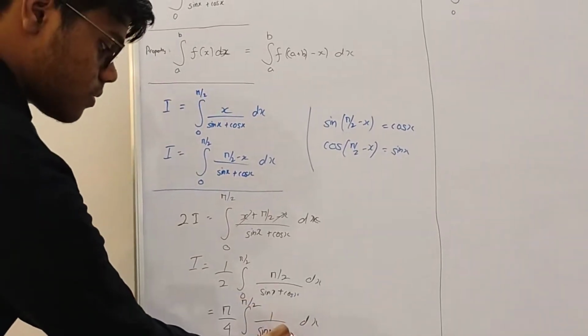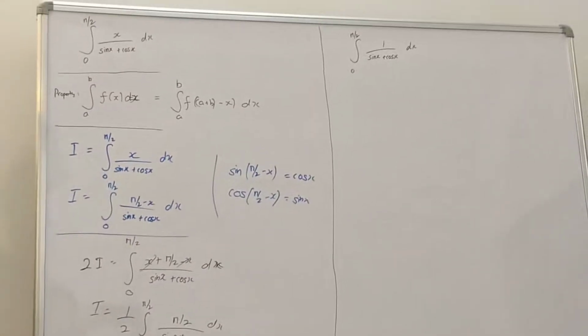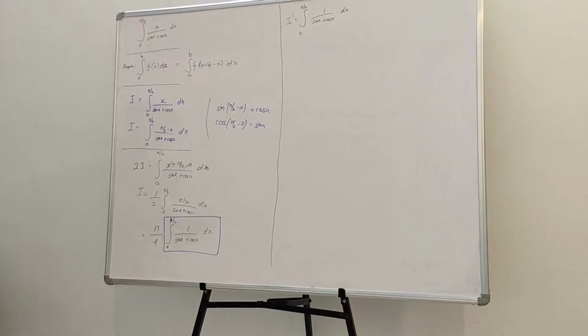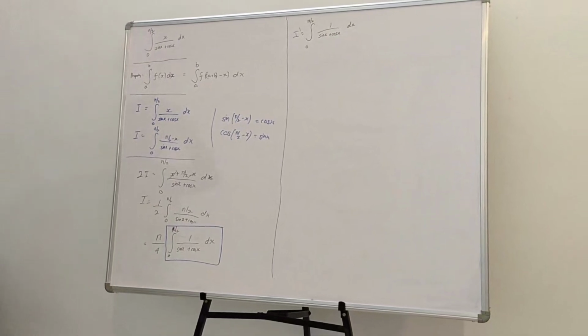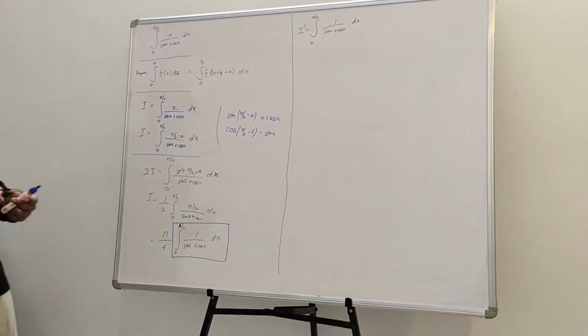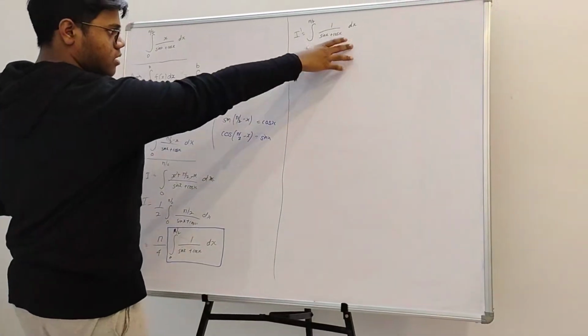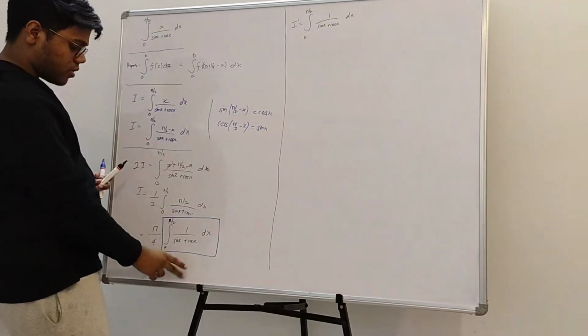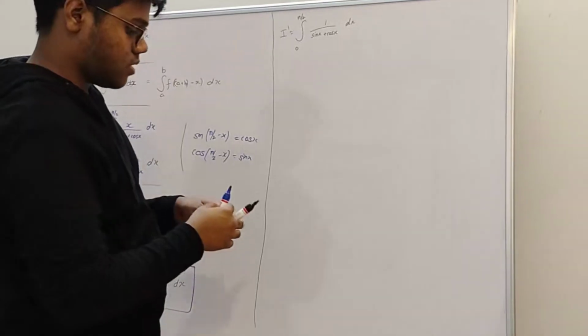So this is the same question which is over there. All I have to do now is to solve this integral and plug in the answer here to get the answer for this question. So let's move on to this.